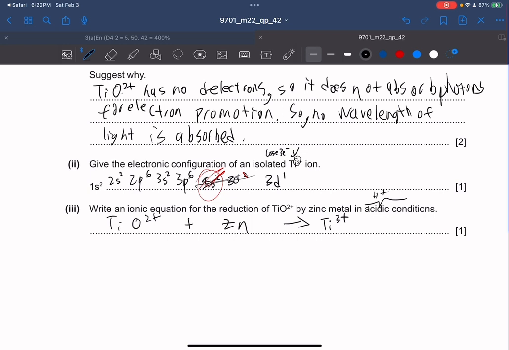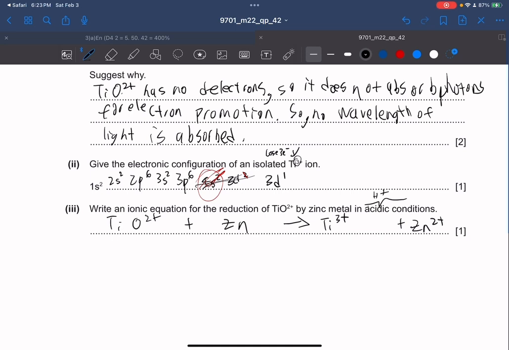We know for a fact actually that zinc forms 2 plus ions only because it has a full D subshell. So we know that if TiO2 plus is reduced, Zn must be oxidized, and it oxidizes perfectly into Zn2 plus. Again, it said acidic condition, so it means somewhere here there's a transfer of hydrogen.